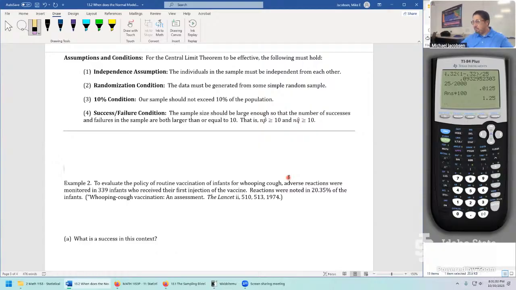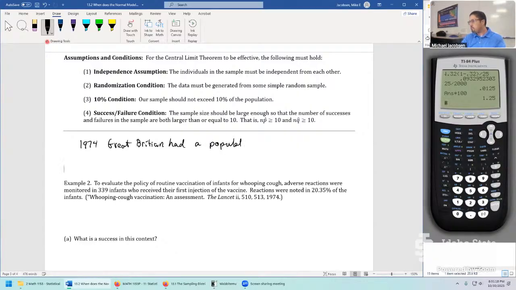In 1974, Great Britain had a population of 56.2 million. So that was everybody in Great Britain.